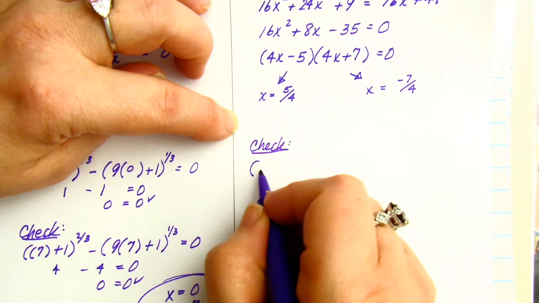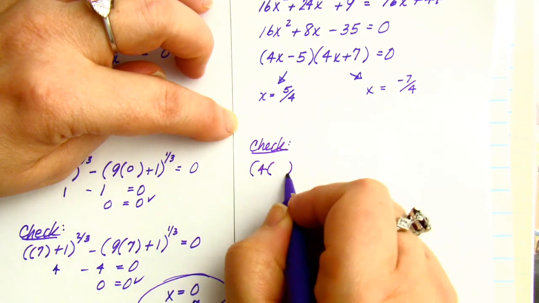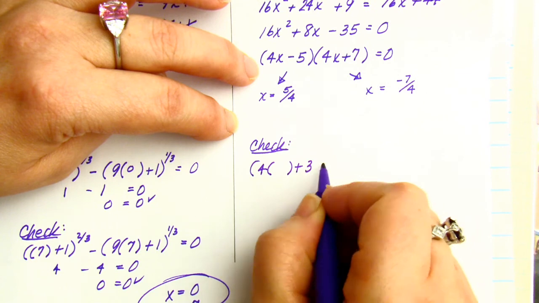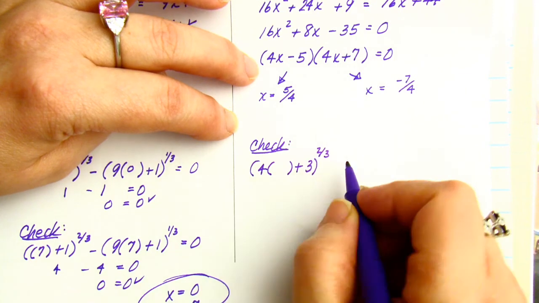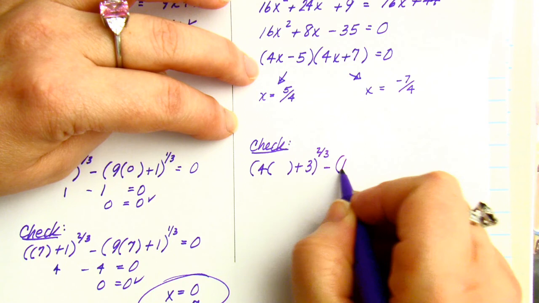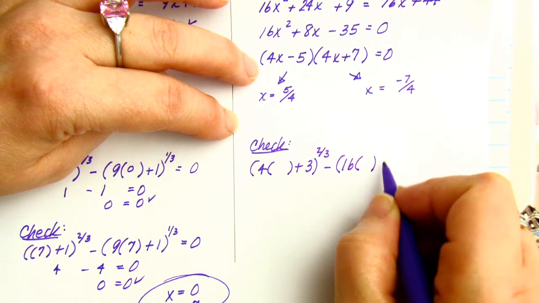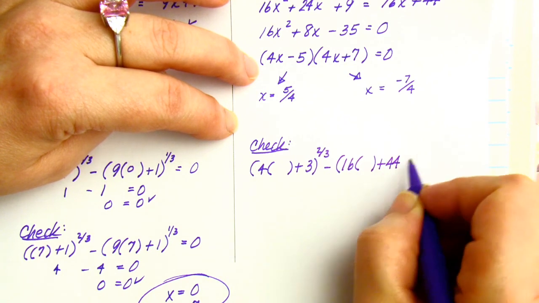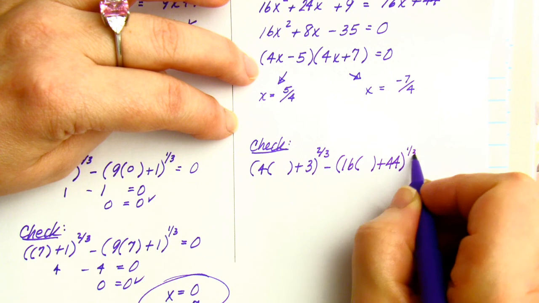So here's my 4x plus 3, raised to the 2/3 power, subtract 16x plus 44, 1/3 power.